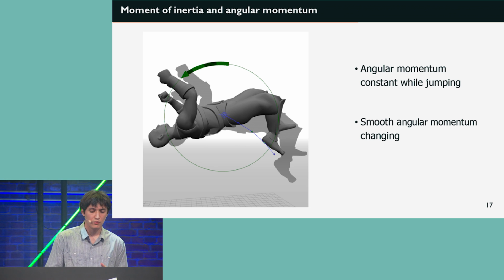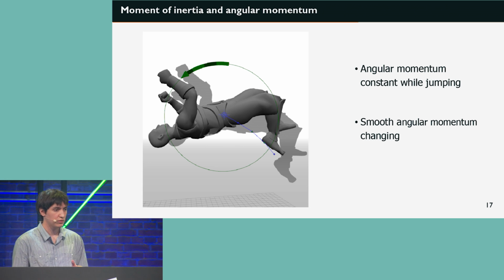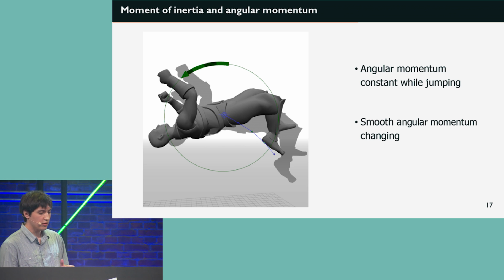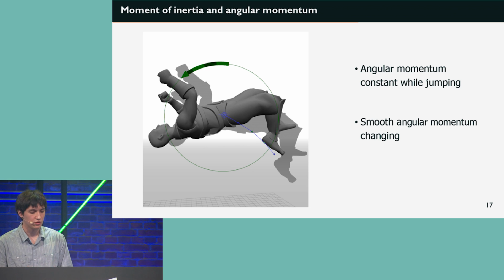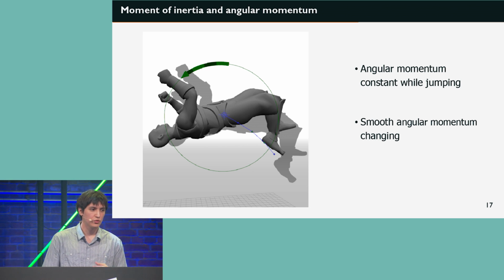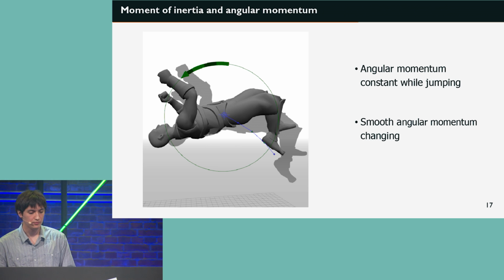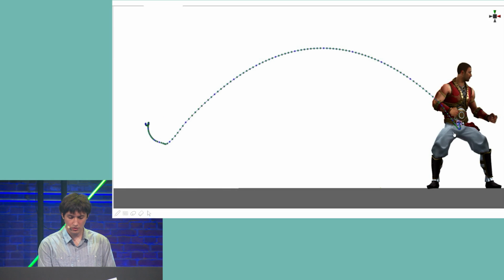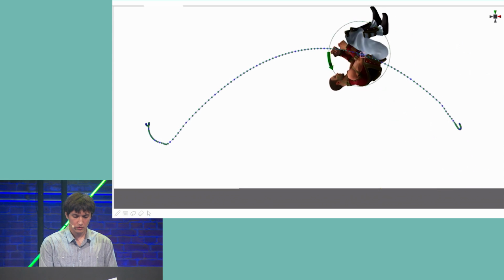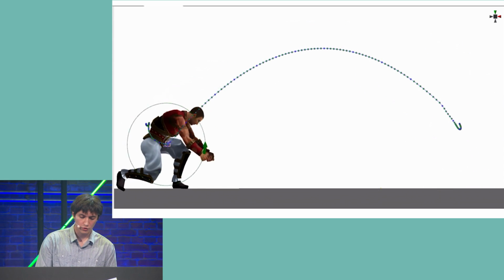And you can see that when moment of inertia is smaller, the part of the circle that angular momentum covers is bigger, and that means faster rotation. So here we try to show our animators what is actually done. Let's see how it looks in the editor.